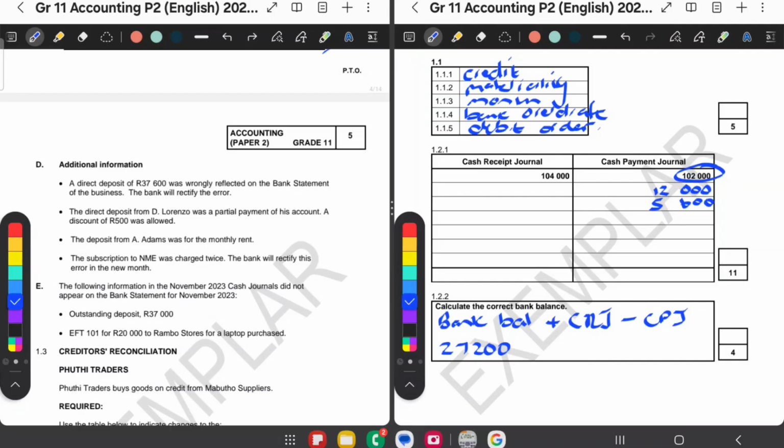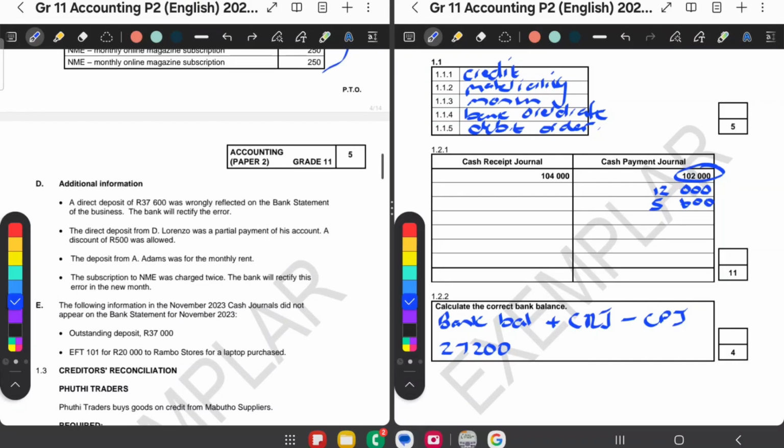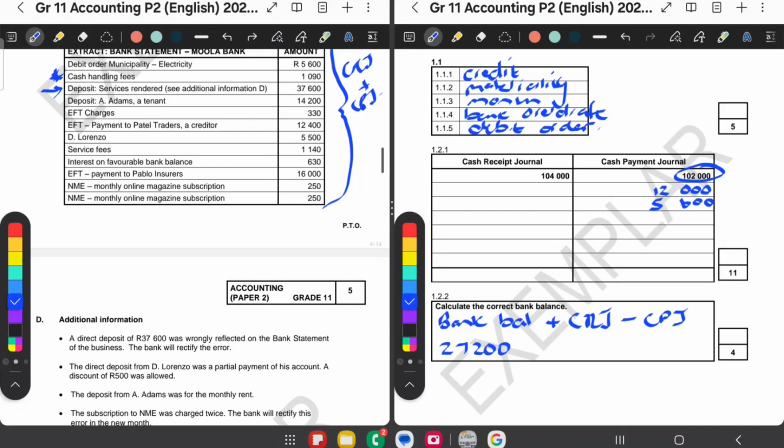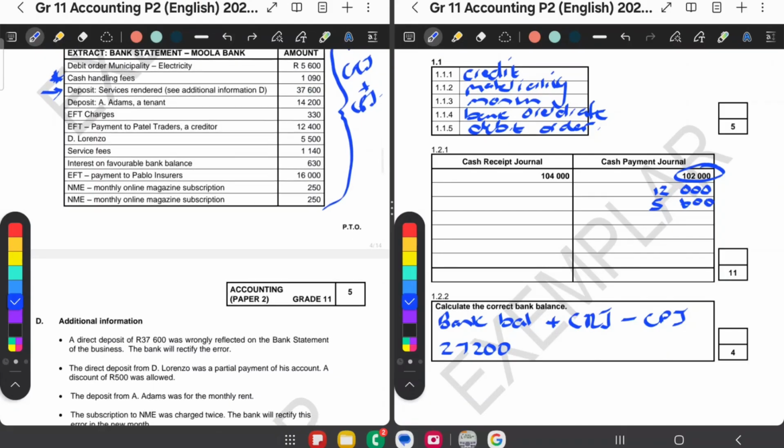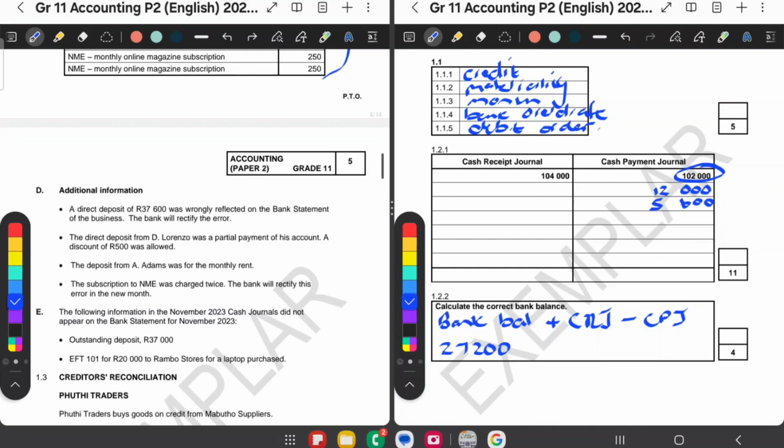The bank is the bank statement. So the bank statement reflected a deposit of 37,600. Can you see, here's the 37,600 that we don't have. But it was a mistake. So the bank must remove a deposit.